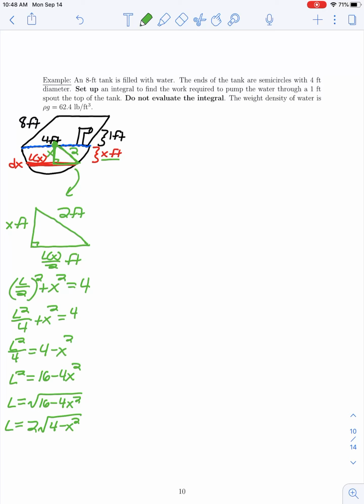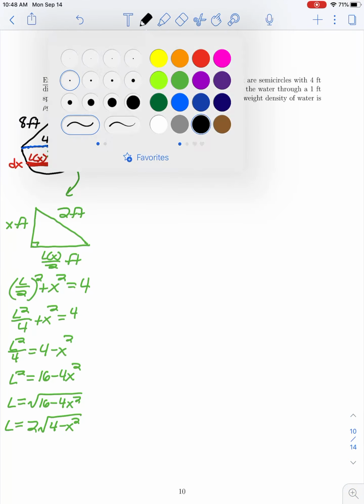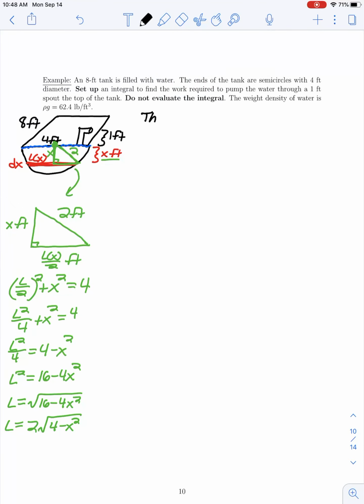Okay. So finally, once I have the length along my slice there, or my slab, I'm ready to find its volume. So let's go up to the top here. The volume of this slice would be given by dV.